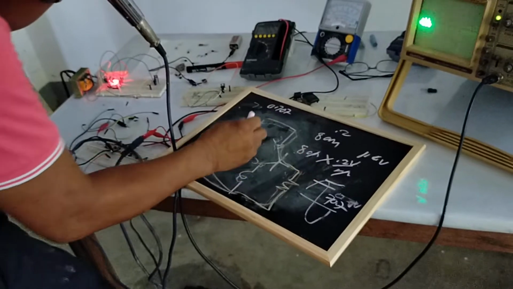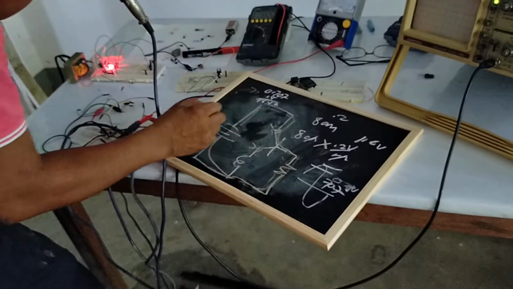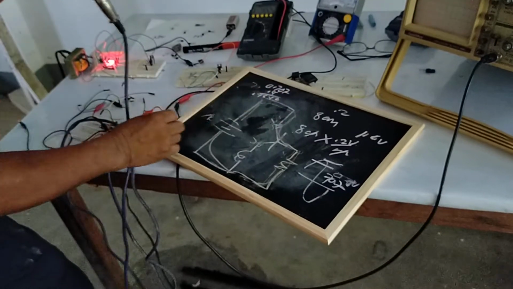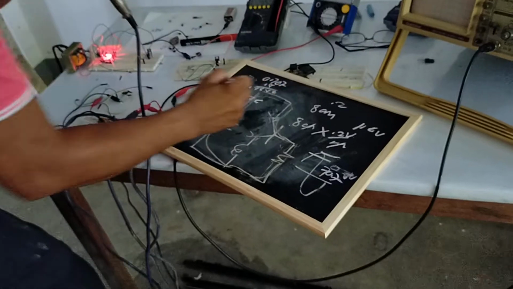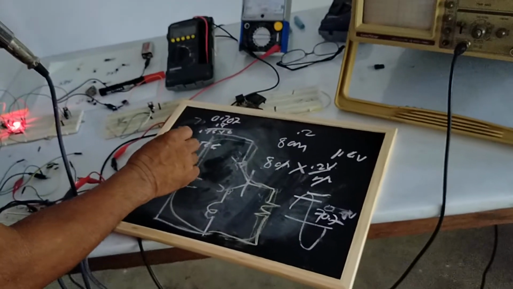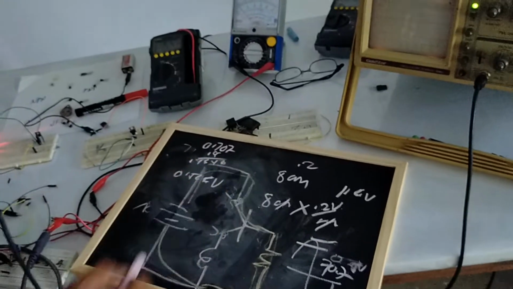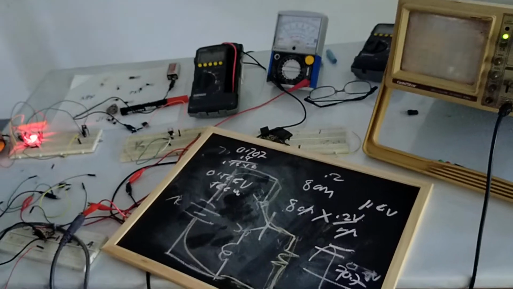Then the peak value is 0.8. So that is 0.565, or 0.566 rounded off. That is 0.566 volts or 566 millivolts.